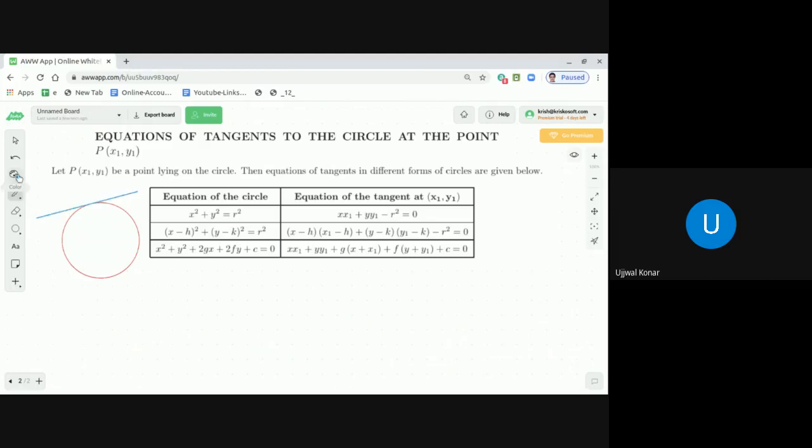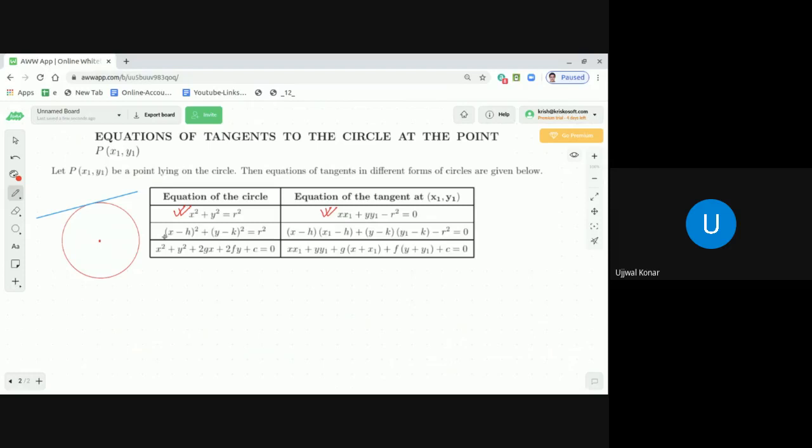Now, if the circle has its center at the origin, and the equation of the circle is x square plus y square equal to r square, then the equation of the tangent will be xx1 plus yy1 minus r square equal to 0. Now the second case, where the equation of the circle is given as (x minus h) whole square plus (y minus k) whole square equal to r square.